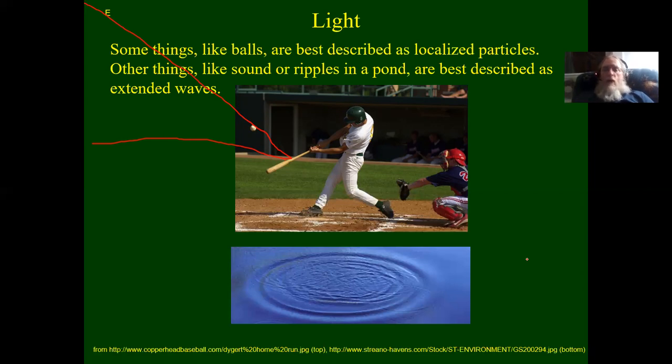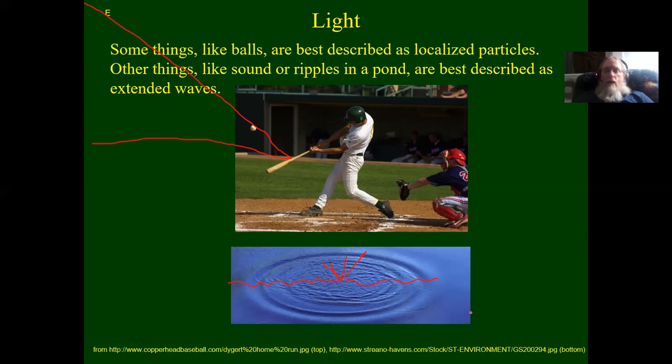Okay, but let's say after it goes over the right field wall, it goes splash in a pond, and then we've got this disturbance on the pond surface moving out from where it landed. And now we want to describe that disturbance.